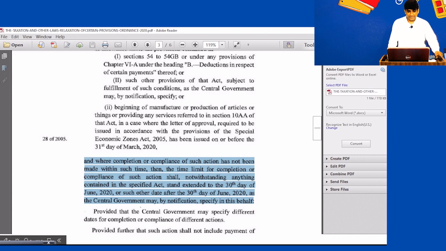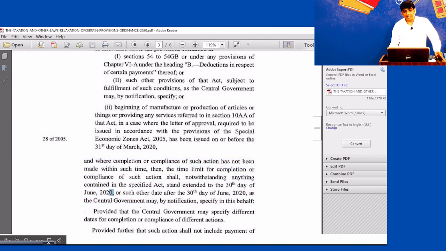this paragraph. And where the completion or compliance of such action has not been made within such time, then the time limit for completion or compliance of such action shall, notwithstanding anything contained in the specified act, stand extended to 30th day of June 2020.